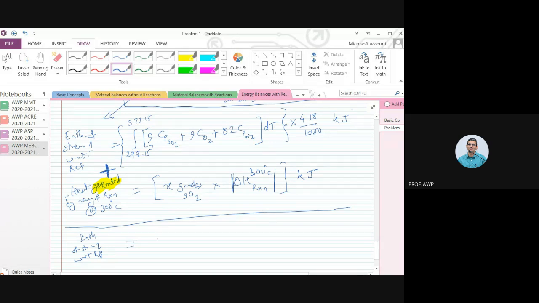This would be the integral from 298.15 to 450, that is 723.15, of (9 minus X) times Cp of SO2, plus (9 minus 0.5X) Cp of oxygen, plus 82 Cp of nitrogen, plus X Cp of SO3, dT.